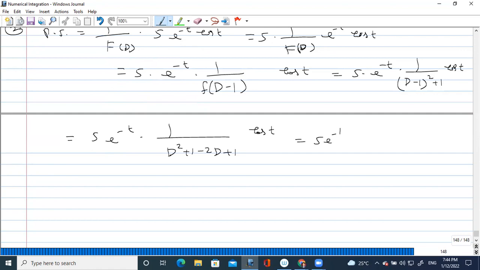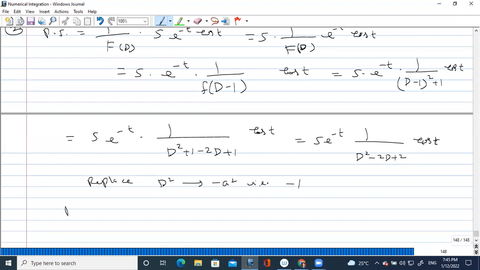Now it will be 5 e to the power minus t 1 upon D square minus 2D plus 2, cos t. Now you can apply the formula of cos t. That will work only on D square. So what you have to do, replace D square with minus a square. What is the a value here? 1. So minus 1 you have to put.